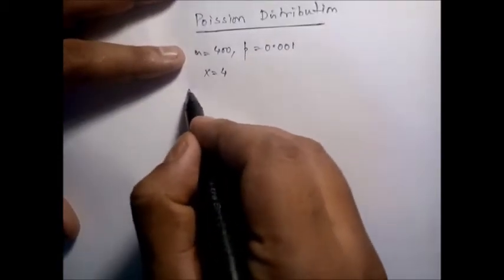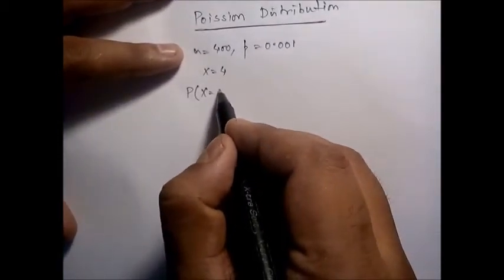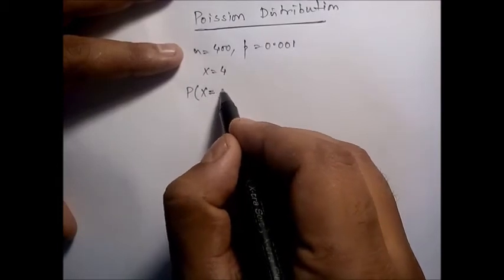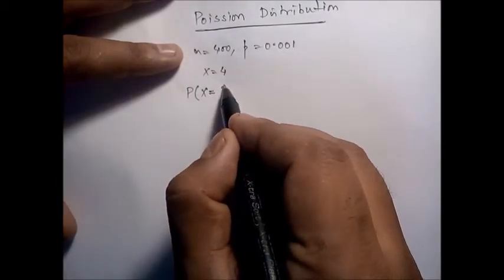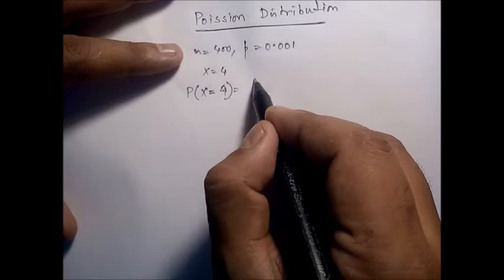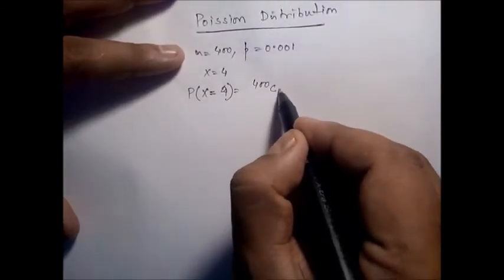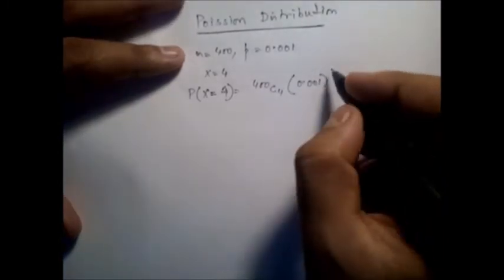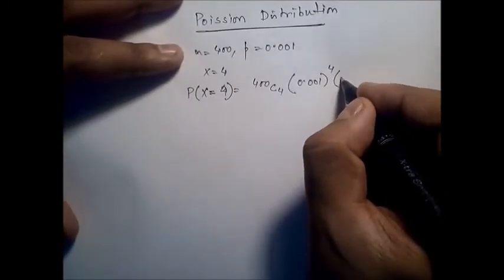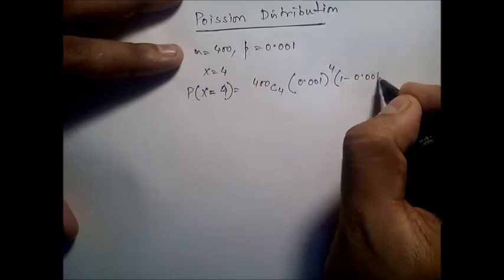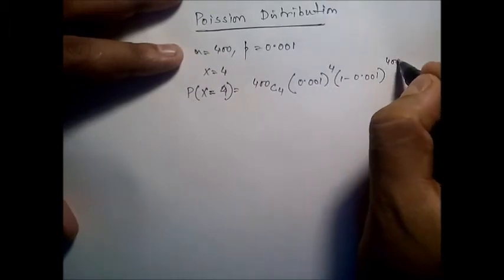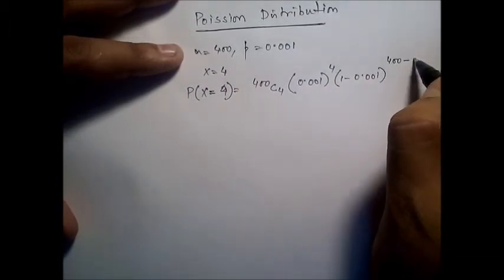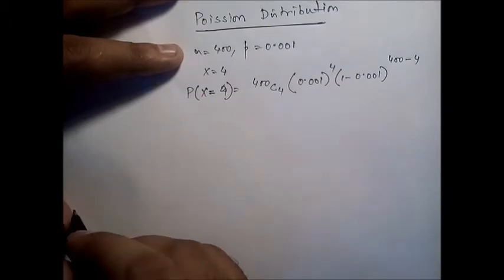The probability of getting 4 will be 400C4 (0.001)^4 (1 - 0.001)^(400-4).